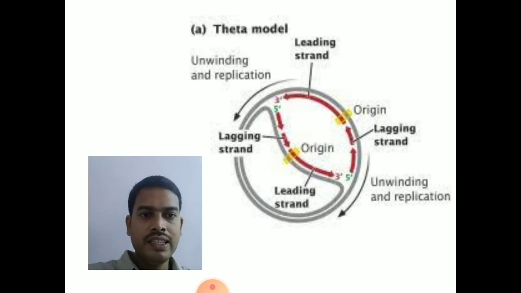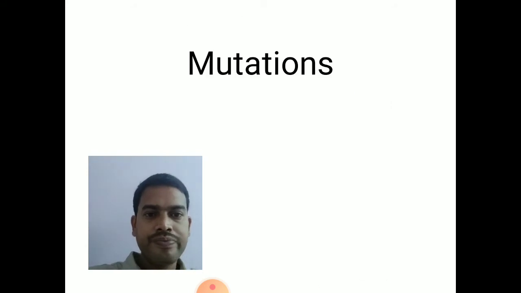One will be in this direction, one in the other direction, and all the enzymes for the process of replication are the same. Since it looks like a theta, it is called theta replication. This is also used for plasmid replication in bacteria. So these are the other two modes of replication, rolling circle and theta replication, especially involved in plasmid replication.